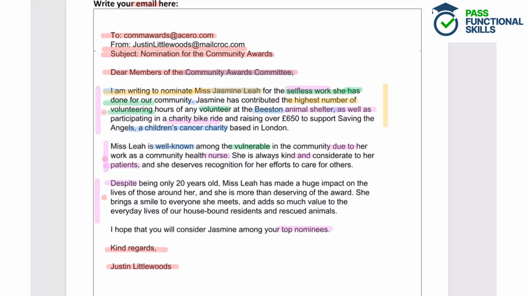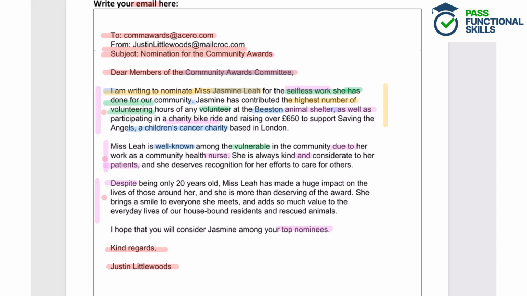You'll also need to make sure that your answers are cohesive. So you want to use things like organisational markers, otherwise known as connectives, or conjunctives like and, but, or so, to link your sentences together and join up ideas so that they flow. So in this answer, sentences all flow on from one another and they are linked together. So in the first paragraph, we've got the purpose for writing, and they've mentioned the selfless work that Jasmine has done for the community.